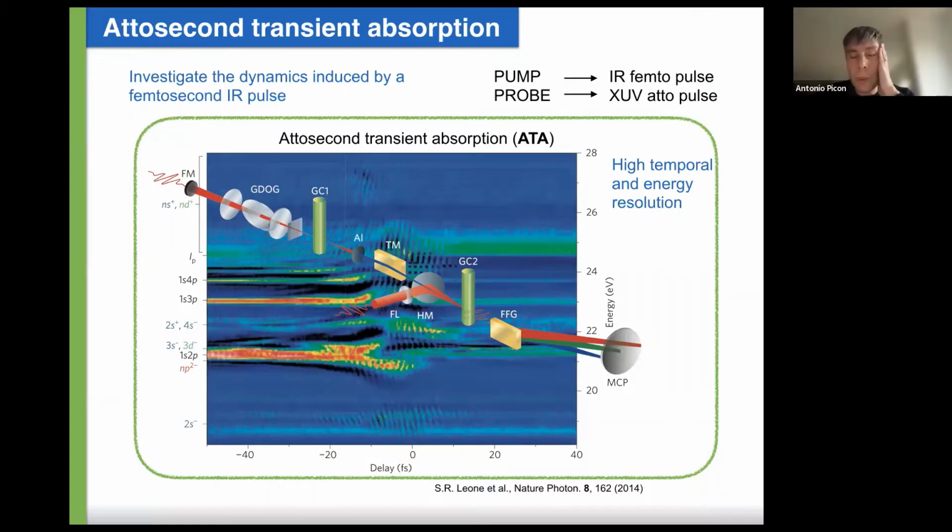This is actually something that has already been implemented in synchrotrons, and they call this dispersive absorption. Maybe someone knows better than me. Mainly, you don't use the monochromator. You just detect the whole spectrum.